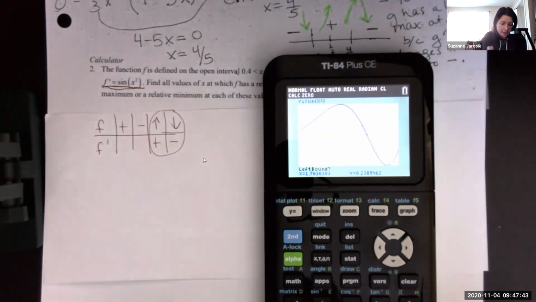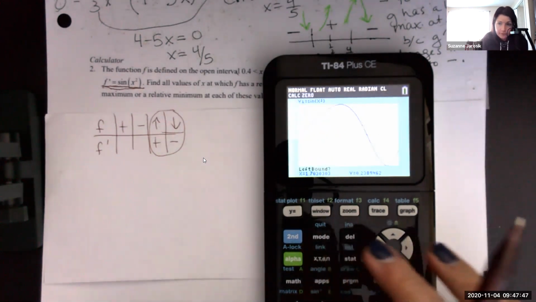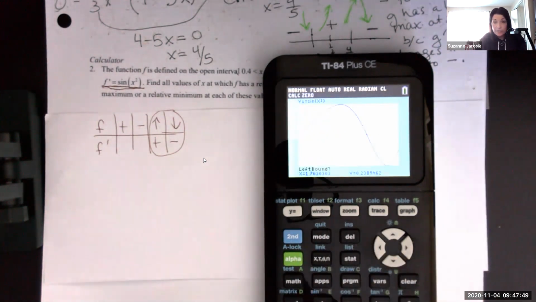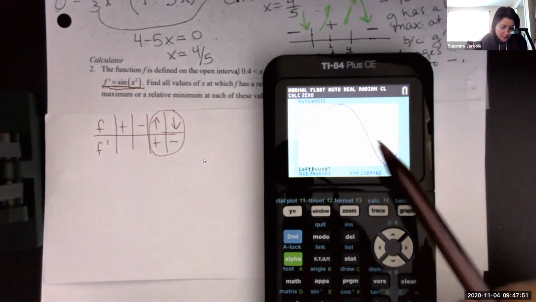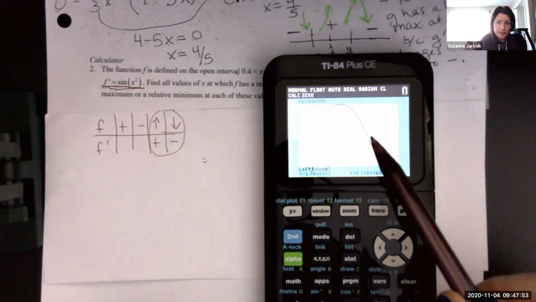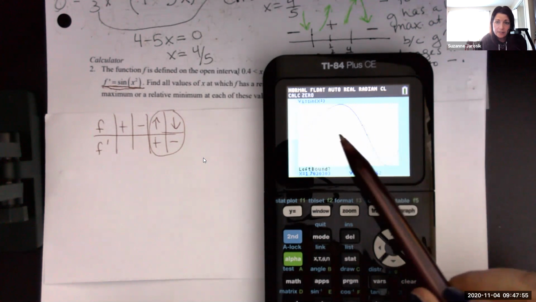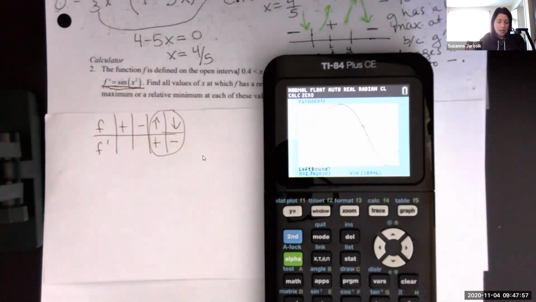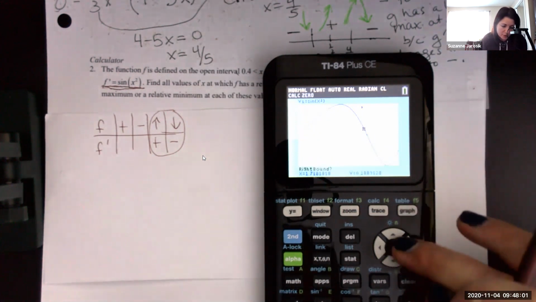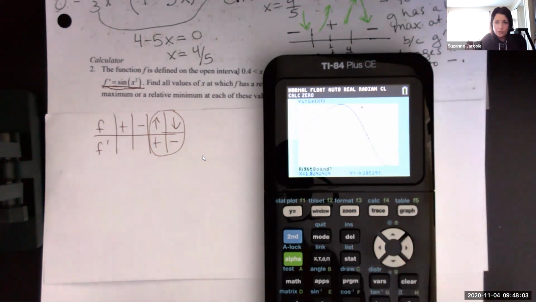So left side of your 0. I apologize for this, but right here is where I'm crossing the x-axis. So I just want you to see this part right there. So I am on the left side. I'm going to hit enter. And then I'm going to right arrow and go down to the left.